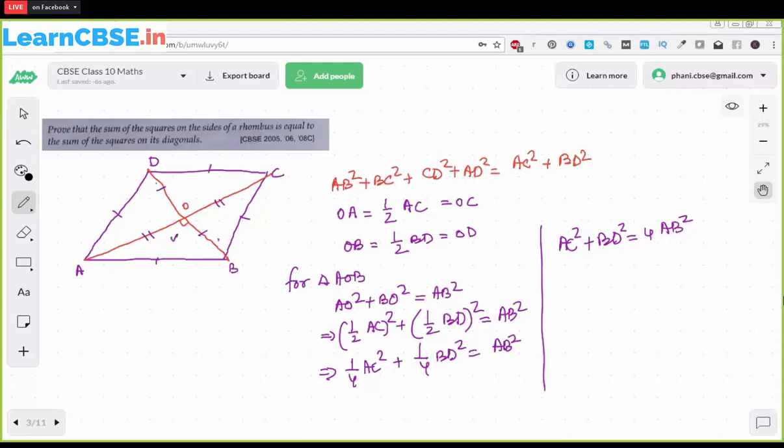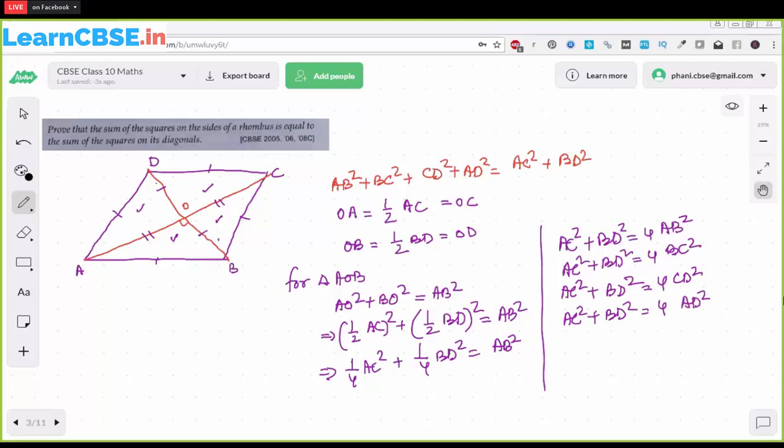So for the other three triangles BOC, COD, AOD, we can write for each case AC square plus BD square equals 4 times BC square, AC square plus BD square equals 4 times CD square, and AC square plus BD square equals 4 times AD square.